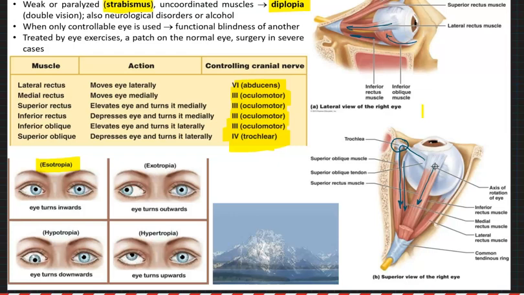Can you fix it? Yes. Certain surgical procedures just leave me speechless. A surgeon would reattach a muscle to your eye in a different location to correct your strabismus. It can be done, which is kind of crazy.